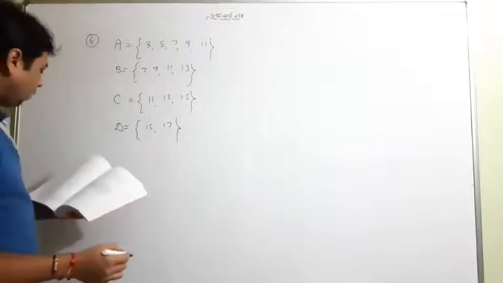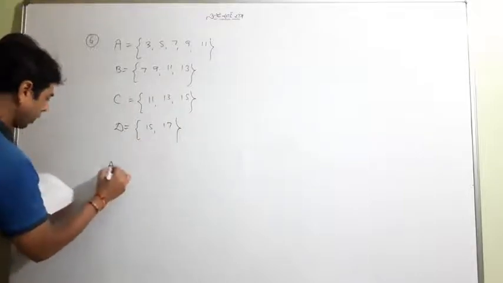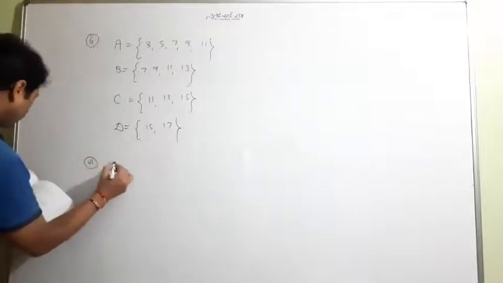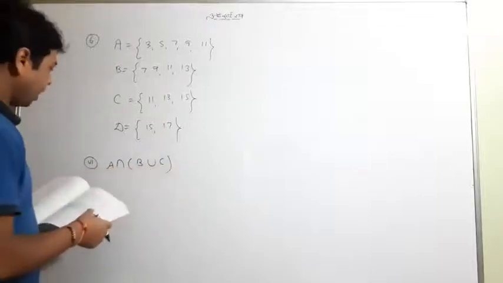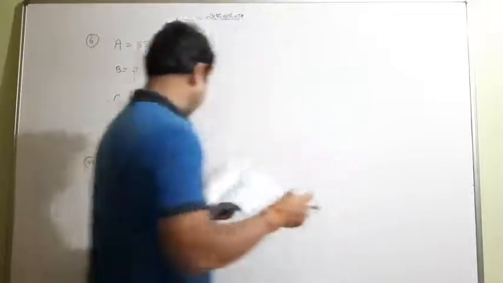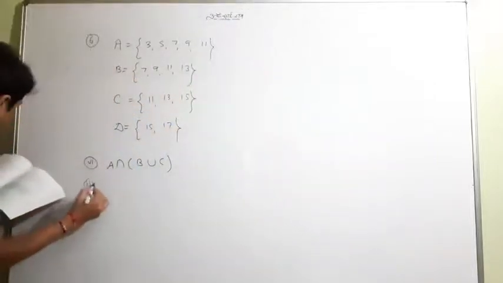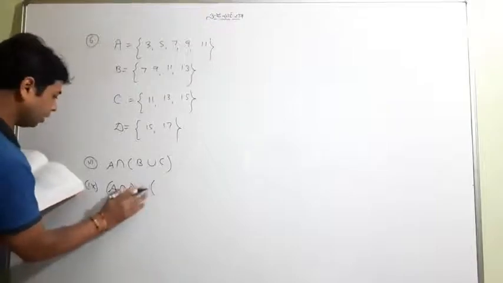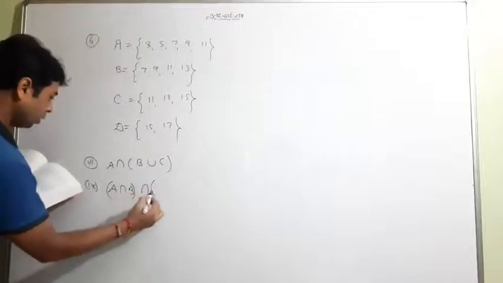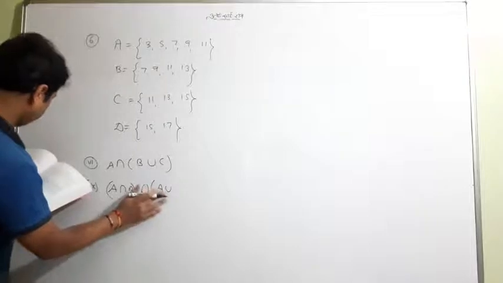We are told some questions. Suppose I take the sixth one: find A intersection (B union C). And one more question I'll take, the ninth one: A intersection B intersection (A union B union C).